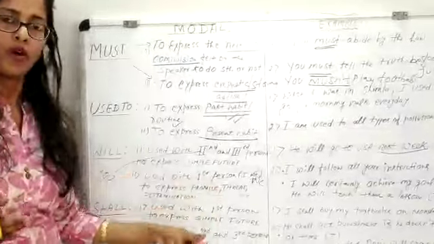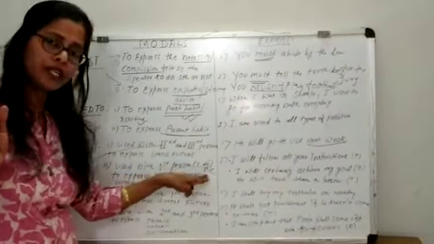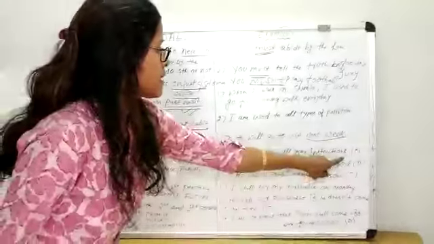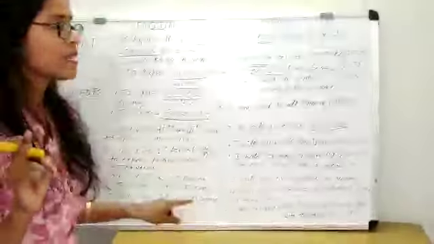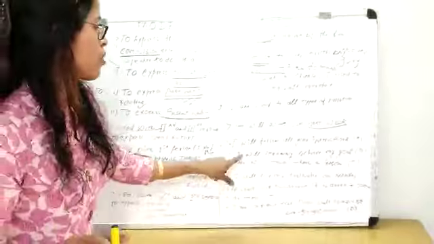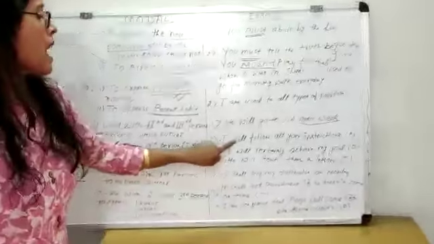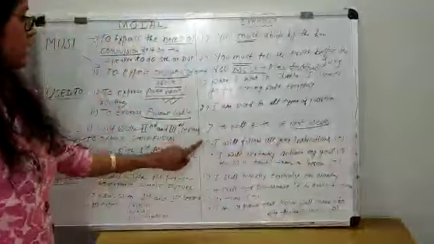I will follow your instructions. The statement shows that I am promising that I am going to listen to your instructions. That is the promise on the part of the speaker. It shows promise.